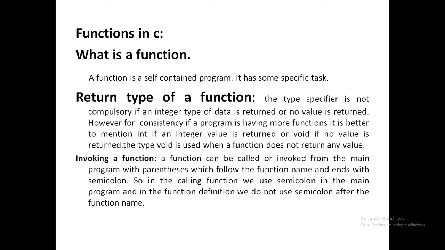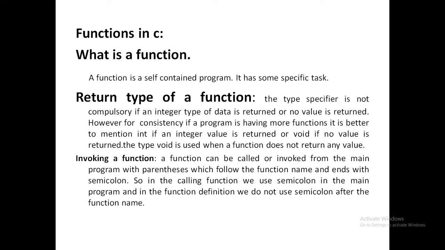So if a function does not return any value, you should keep the type specifier void. If a function returns an integer value, the type specifier is int. But generally, there is no need to specify a type specifier. But if you have more functions in a program, it is better to mention it.